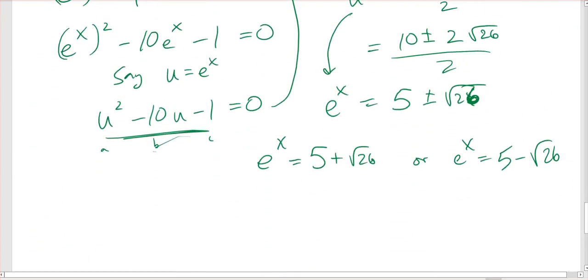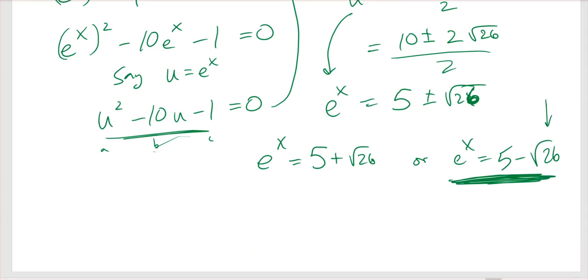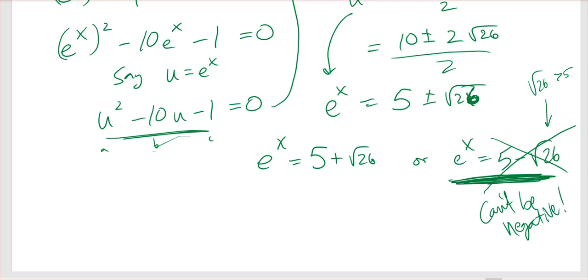So we can say the same thing about this one, because we know that the square root of 26 is bigger than 5. So that means that this is negative. So no, it can't be negative. e to the x is always positive no matter what.